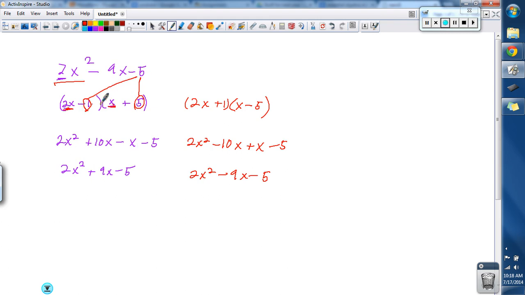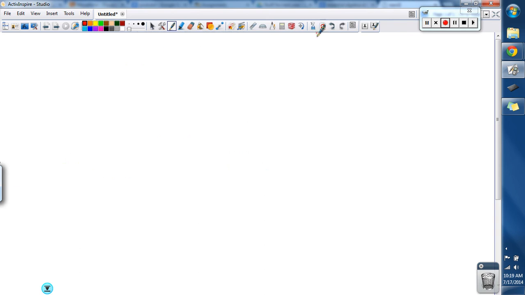And then you just have to try all of the different combinations within that, and then eventually one will work. And in this case, the second one that I tried was the one that worked. Okay, so let's look at some other factoring techniques.